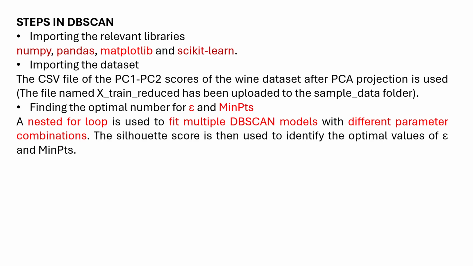Next, a systematic search is performed to determine suitable values for two DBSCAN parameters, epsilon and min points. Instead of selecting these values by trial and error, multiple parameter combinations are evaluated using a nested loop, and the silhouette score is used to identify the combination that produces the best clustering solution.